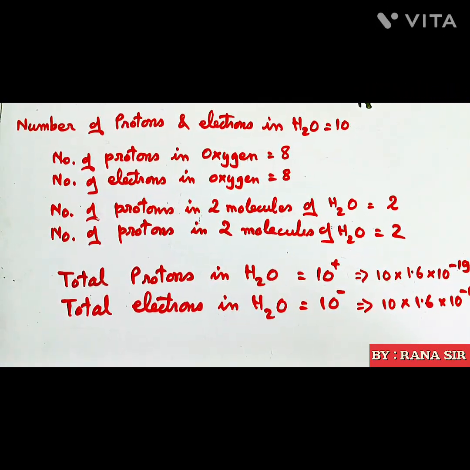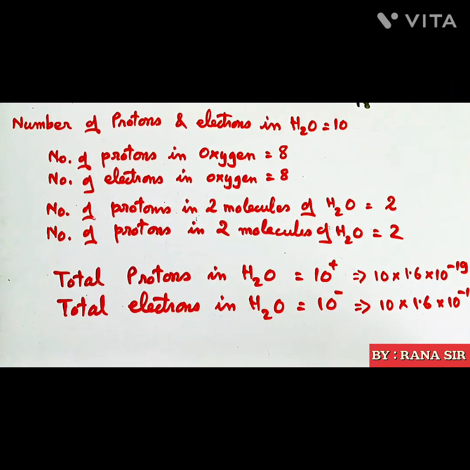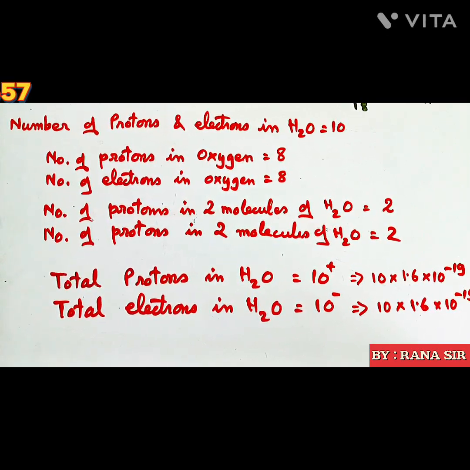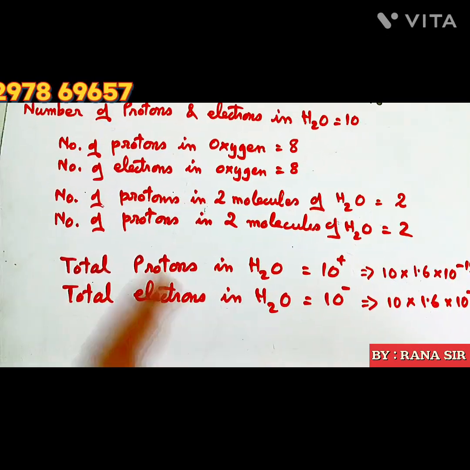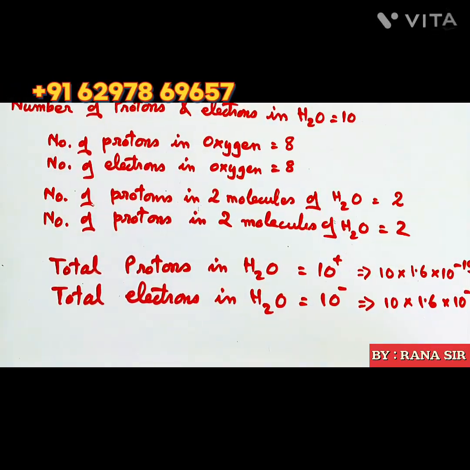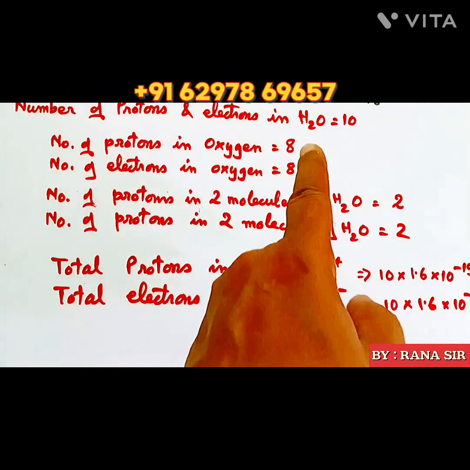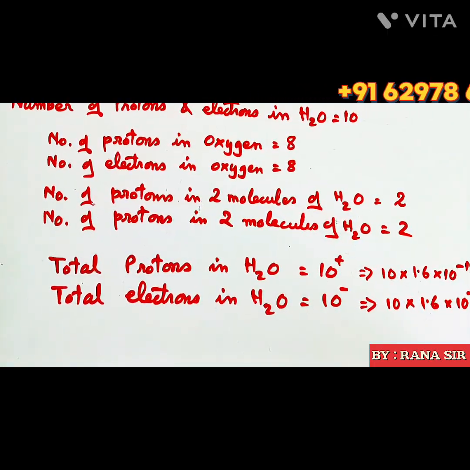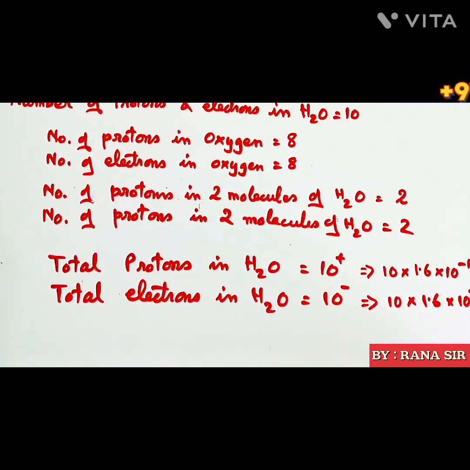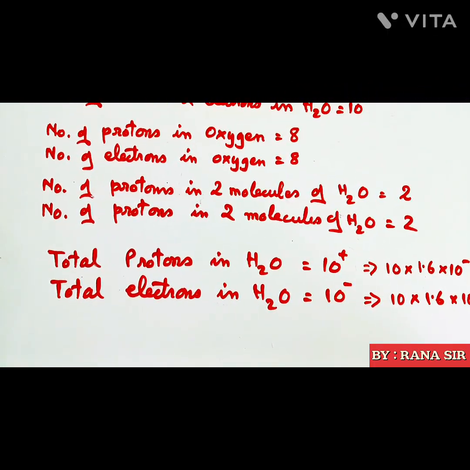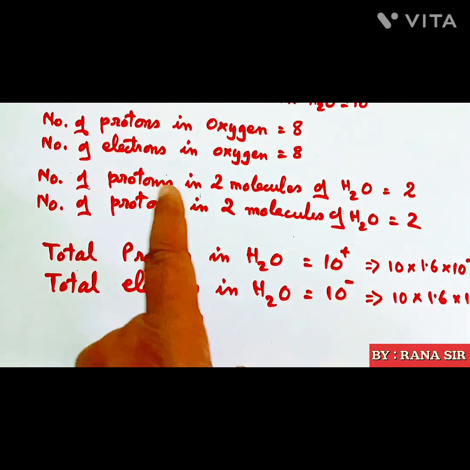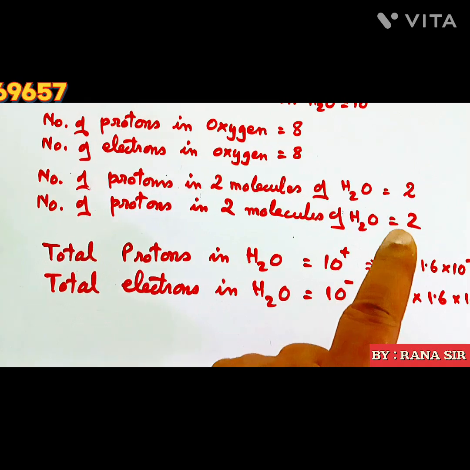So in H2O, there are 10 positive charges and 10 negative charges. Let's see how. The number of protons in oxygen is 8. In H2O, how many oxygen? 1 oxygen. Oxygen has 8 protons and 8 electrons. Similarly, how many H? H is 2. So 2 protons and 2 electrons.